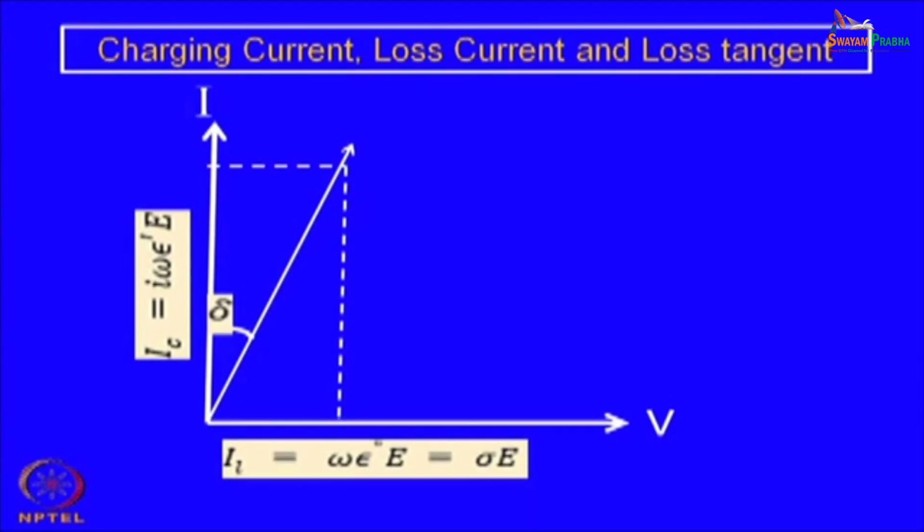Ideally there should not be any conduction, but in reality there is some conduction, and the conductivity is the measure of how much loss can take place. The higher the conductivity, the higher the current and the higher the loss.